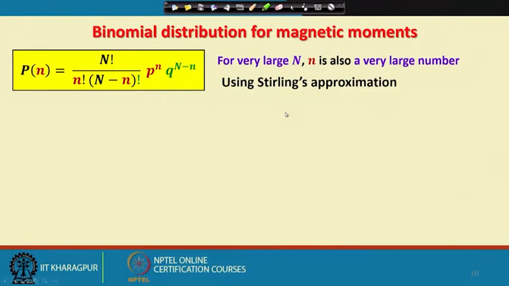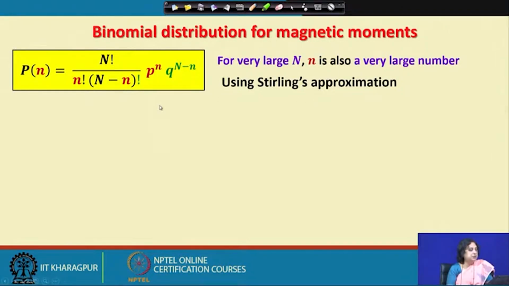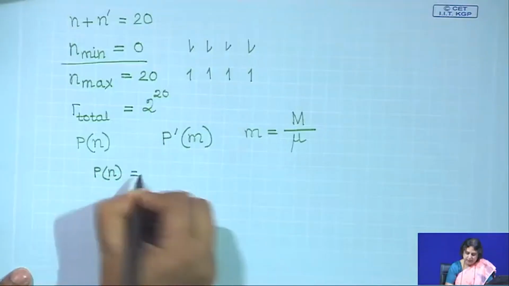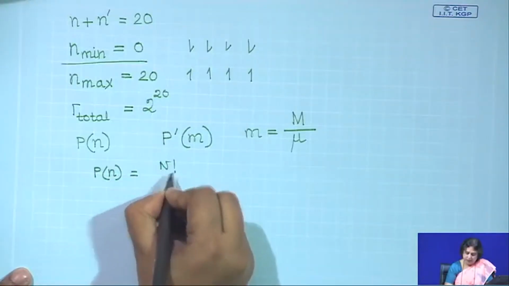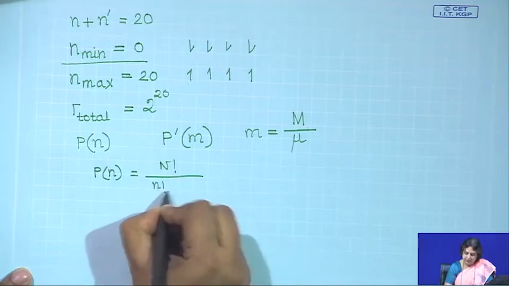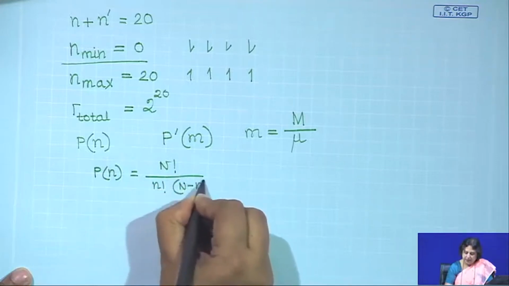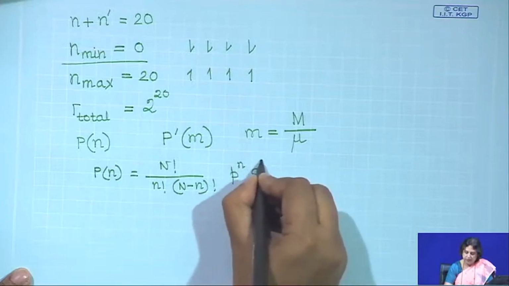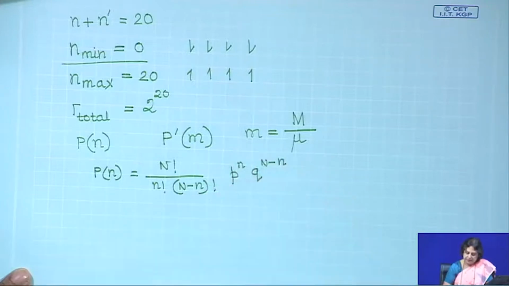So, like what we have done before, we can use Stirling's approximation and express the natural logarithm of P of n by simplifying these expressions. How do I do it? I know that P of n is equal to capital N factorial divided by small n factorial times capital N minus small n factorial, times p to the power of n, q to the power of capital N minus small n.